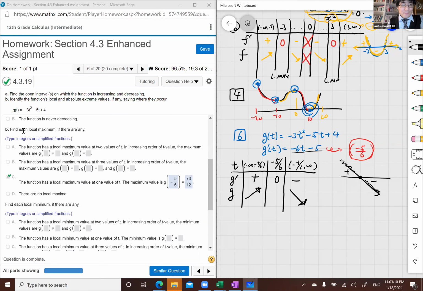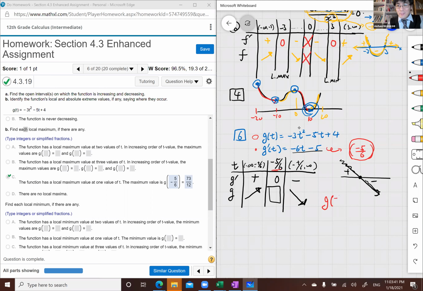Now part B, find the local maximum. Well, the local maximum is actually this point. In problems 1, 2 and 3, we couldn't find this value because we only knew the derivative function. We didn't know about the original function. But in this problem, we can find what the y value is by just plugging in the t value corresponding to it.